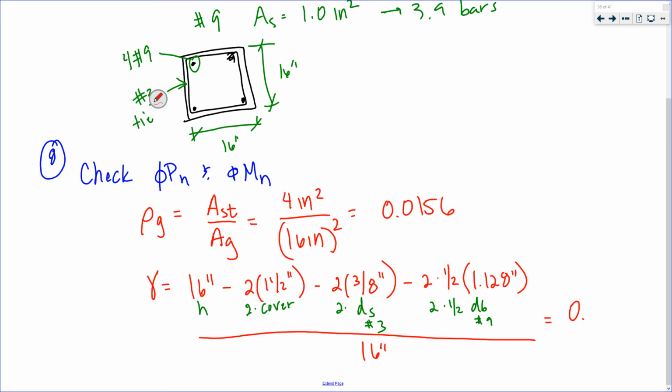That's what, 0.57? Oh, yikes. 16 minus 2 times 1.5, 2 times 3 divided by 8, minus 2 times 0.5. Is that right? 16 minus 2 times 1.5 minus 2 times 3 divided by 8.